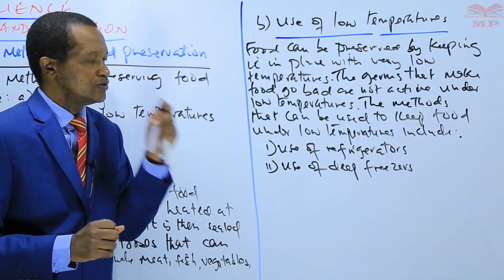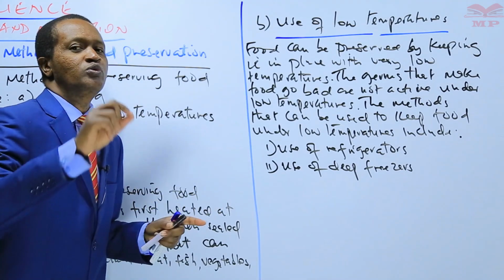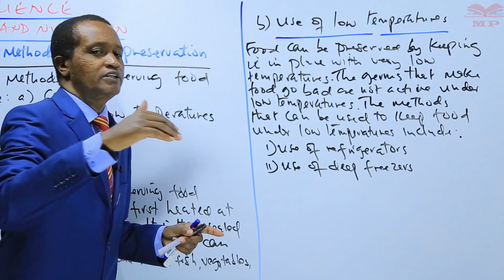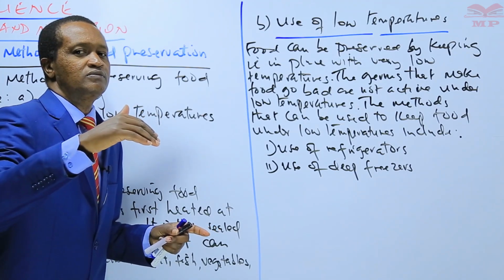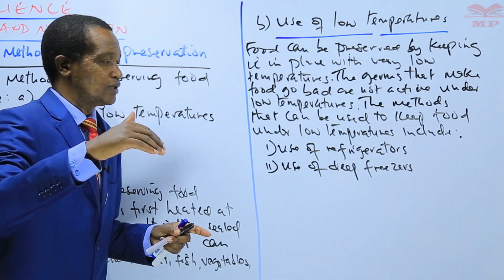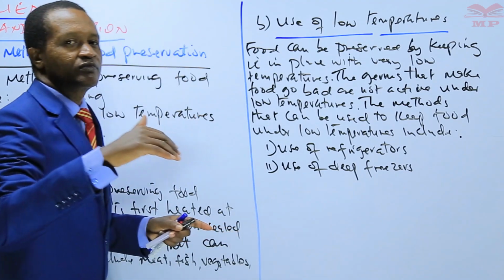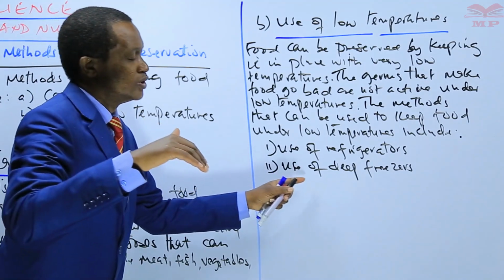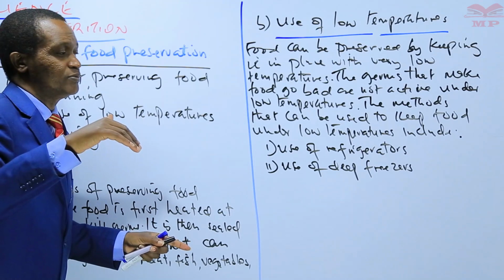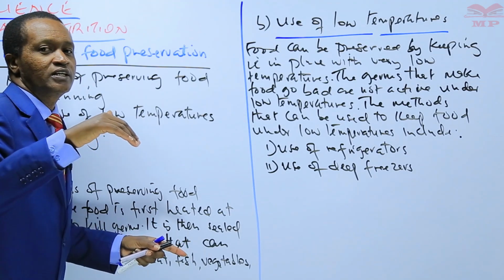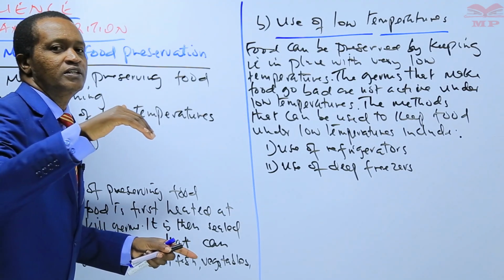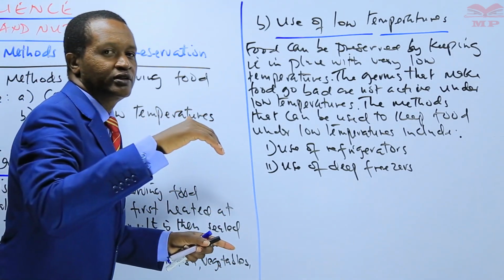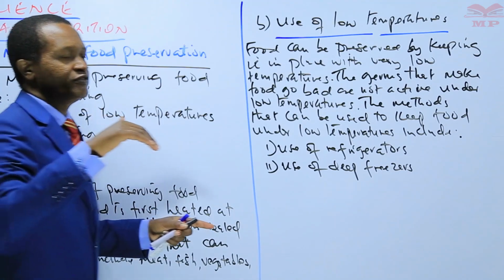Now, at this temperature, the foods are said to be frozen. Am I clear on that? The foods, when stored under this method, deep freezers, learners, we call it freezing.